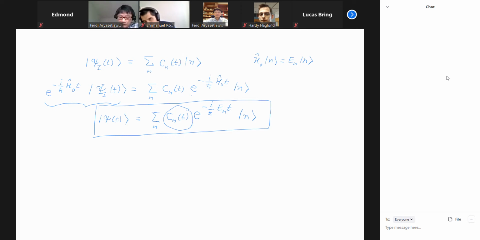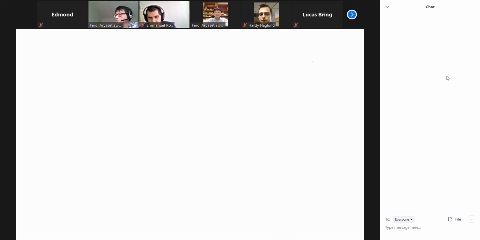We can do this by using the time-dependent equation in the interaction picture, and we insert this expansion.